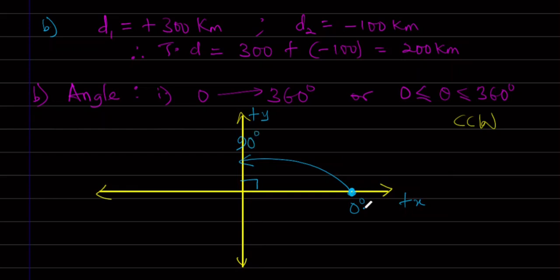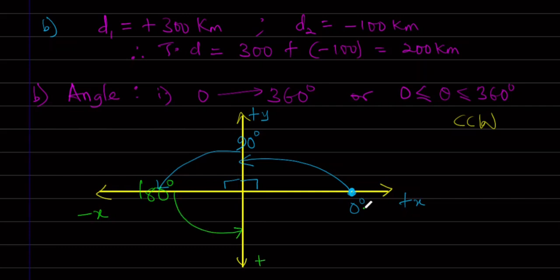So from the positive y-axis, we continue moving to the negative x-axis. We also cover 90 degree. Then here we are going to be having 180 degree. That means the negative x-axis is 180 degree. Then we move from the negative x-axis to the negative y-axis.